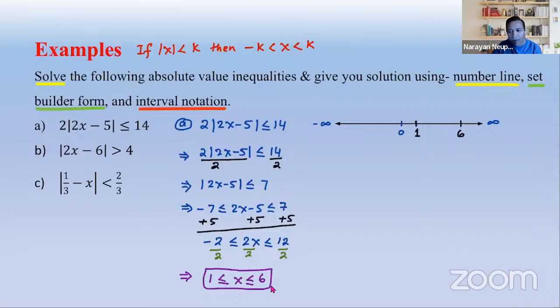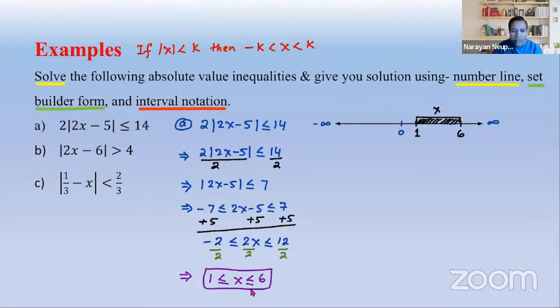x is between negative 1 and 6. Look here, x is between negative 1 and 6. That means x lies between these two values. Here is your x, that is the meaning. x are all these values from negative 1 up to 6. And also, look at this screen carefully. Here we have an equal to sign. Here also we have an equal to sign.